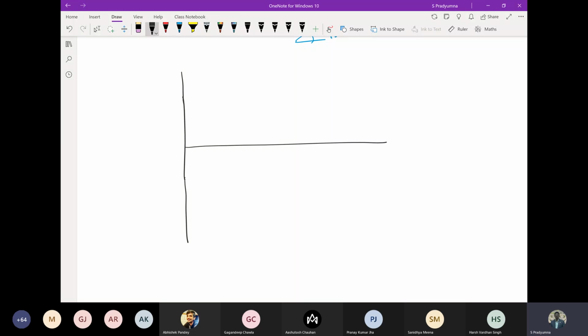All values are positive. I get this as sigma x comma tau xy, and I get sigma y comma minus tau xy here. Join these two. This is the center. The center is at 80 comma 0. I can complete this circle.